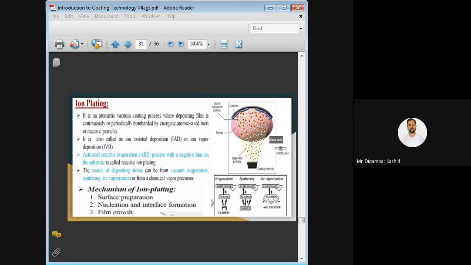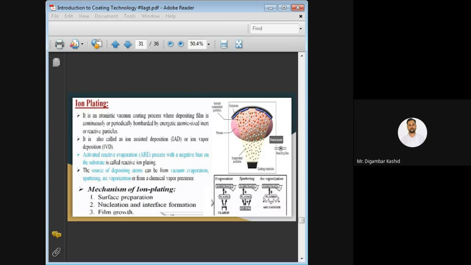So here we are not putting any kind of field, any kind of electron beam, or any kind of laser. Here we are using certain kind of energetic atomic size inert or maybe reactive particles.